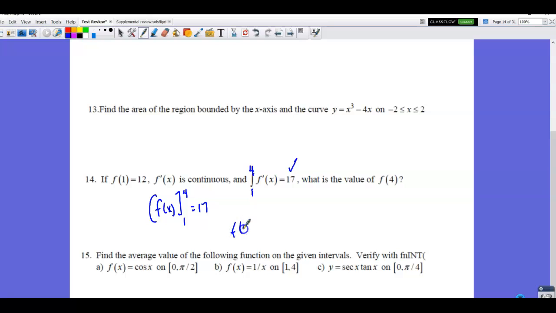So that's f of 4 minus f of 1 is equal to 17. So f of 4, we know that f of 1 is 12. So if we add the 12 back to the other side, f of 4 is equal to 29.